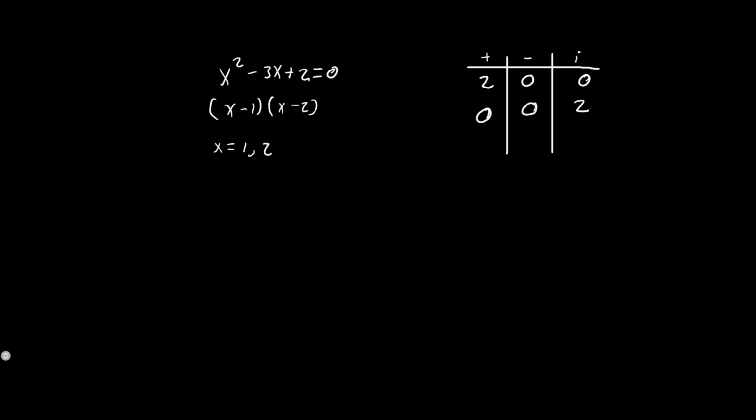And the reason we have two tables is because, for example, if we have x squared minus 3x plus 100, that is going to be above the x-axis, which is going to have a y-intercept of 100, and it's going to look something like this, which has no real solutions.